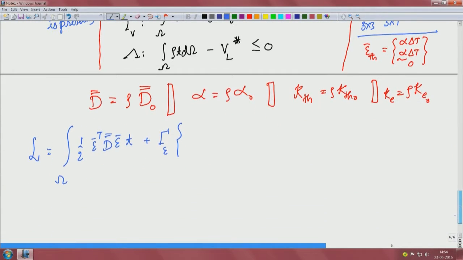So, we will write that epsilon transpose D epsilon v and T minus epsilon transpose, this is thermal D epsilon v.